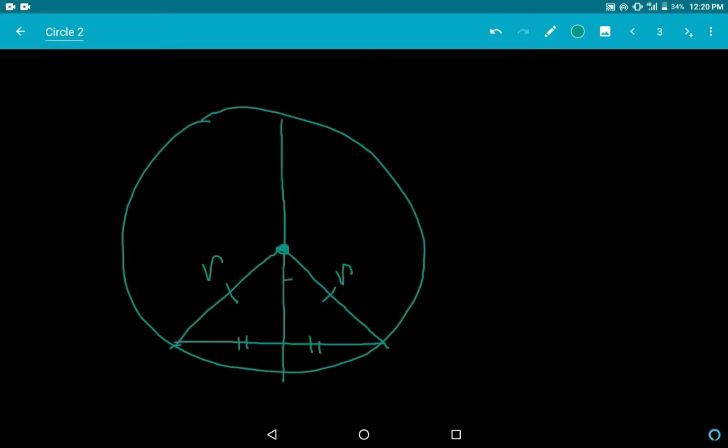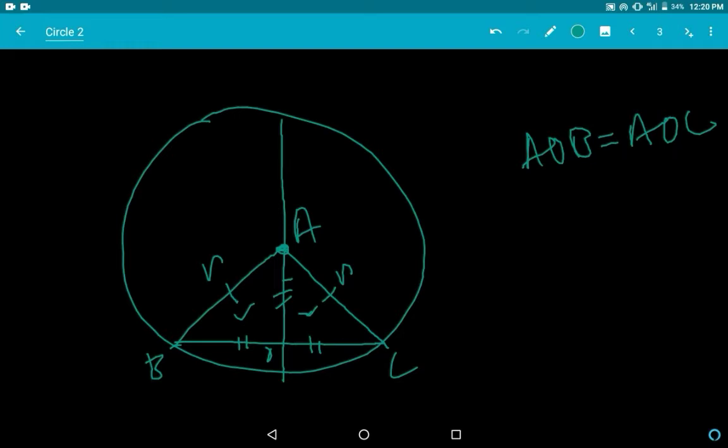Now this side is common between both of them, so obviously these two become congruent. So AOB equal to AOC.